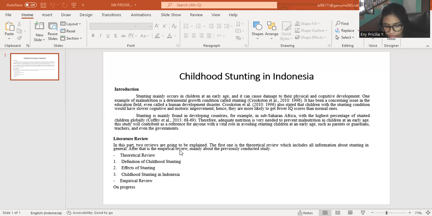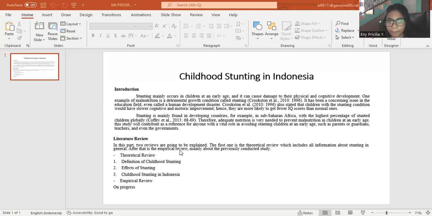And after that, I will discuss childhood stunting in Indonesia, and I will state a previous study conducted by a previous researcher using the quantitative approach, which has the data results of how many children have stunting in Indonesia.